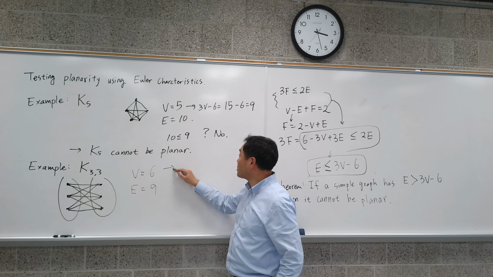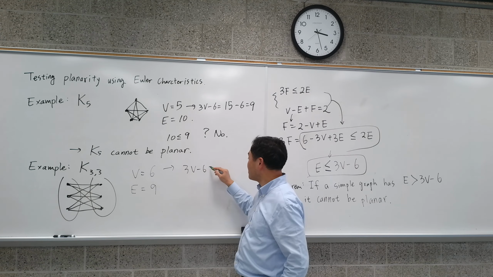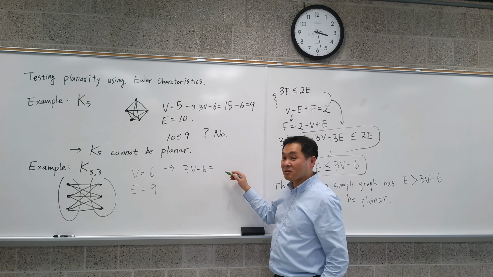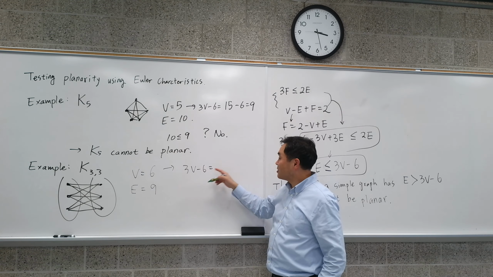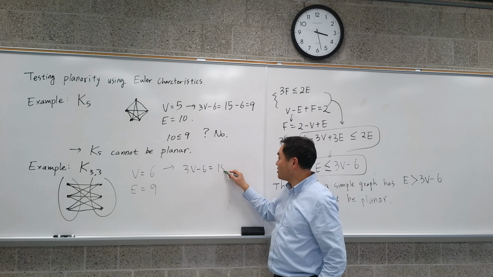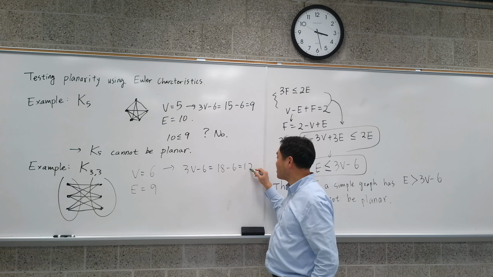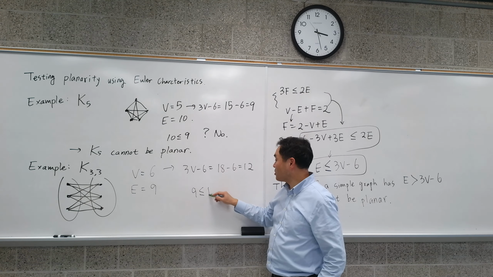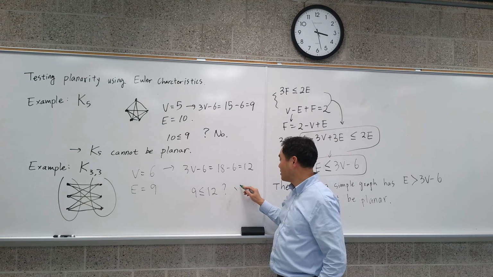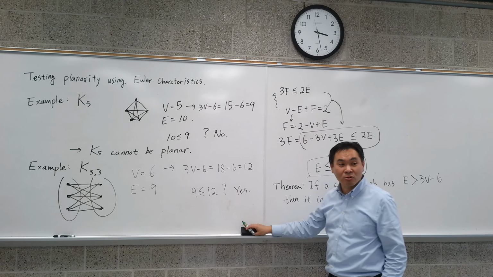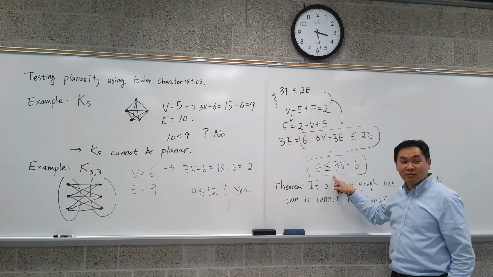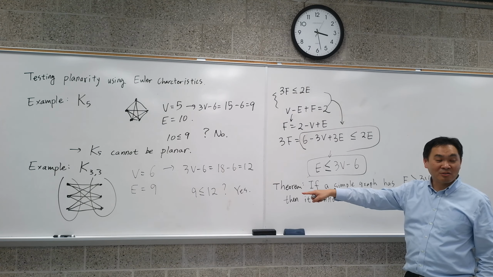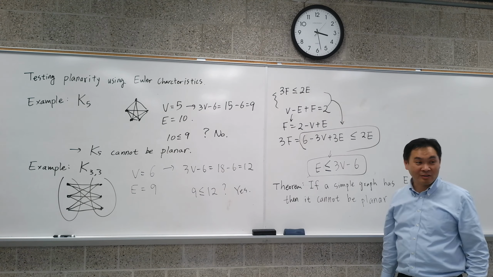Now let's see what 3v minus 6 is. 6 times 3 is 18. 18 minus 6 is 12. So indeed, 9 is less than or equal to 12. This is true, so this inequality is not violated at all. Yet we know that this is not planar because we tried this so many times.